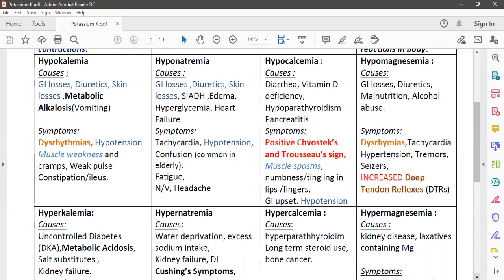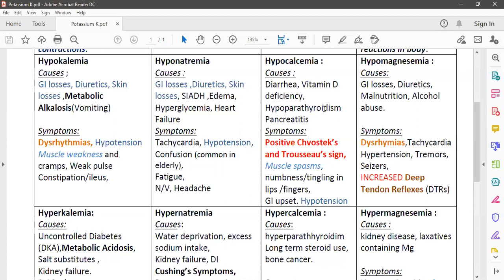If the parathyroid gland is unfortunately removed during thyroid surgery, the patient develops hypocalcemia. Surgical removal of the parathyroid gland is called hypoparathyroidism, right?